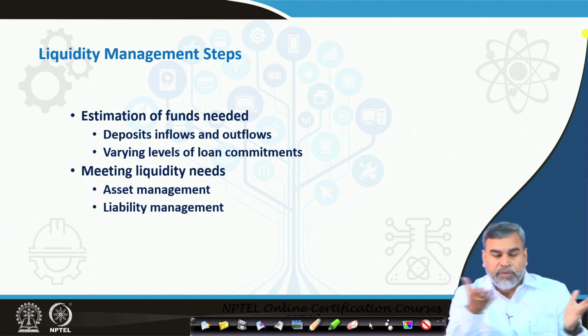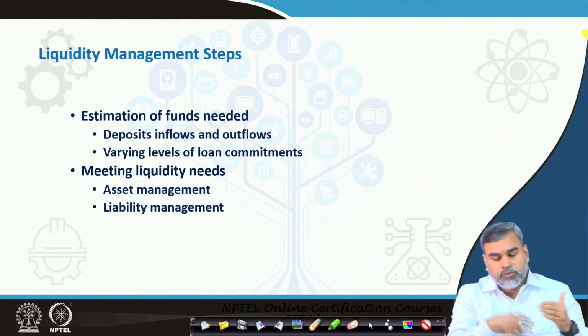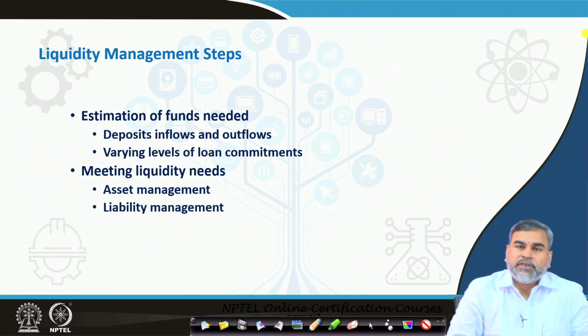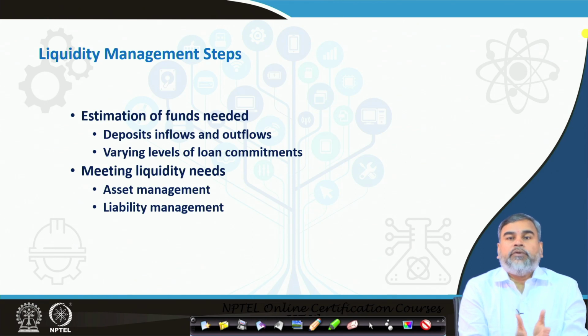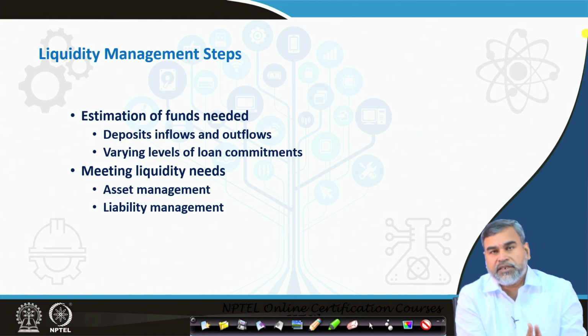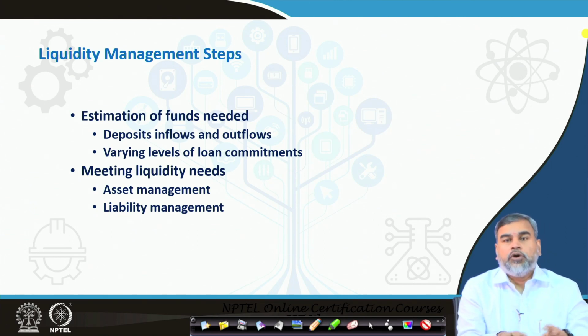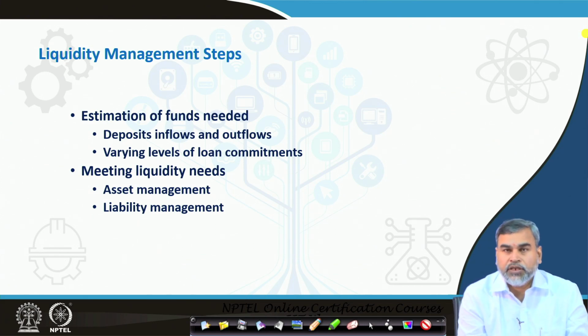You can borrow from the money market and other instruments that we have already discussed. So, there are various ways the liquidity management is made. That is why it can come under an asset management process or under a liability management process. Whether the bank will go for an asset management strategy or a liability management strategy is a different issue, but either of these 2 or maybe both can be utilized to manage the liquidity positions.